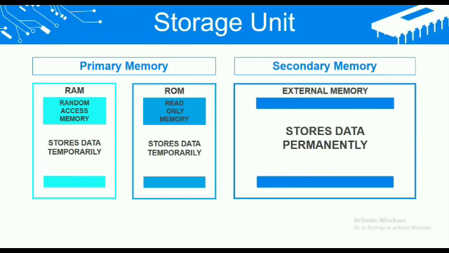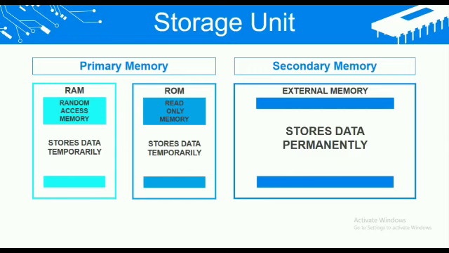The primary memory is also known as main memory. The secondary memory is also known as external memory. The primary memory consists of RAM and ROM. RAM is random access memory. ROM is read-only memory.